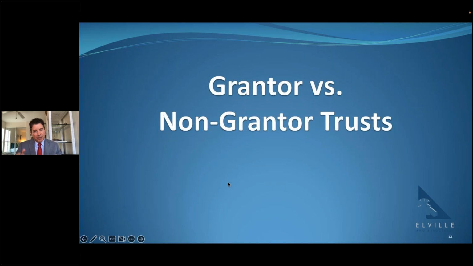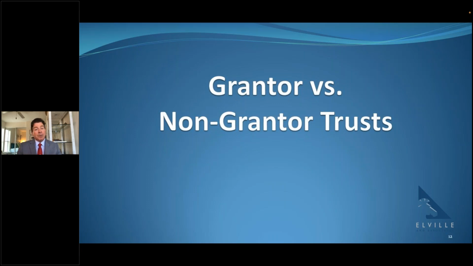Now, we've spent a little bit of time talking about grantor versus non-grantor trusts. I'm not going to waste more time on that subject, except to say again, and to be intentionally redundant, the grantor trust is simply a trust where the grantor pays the tax.